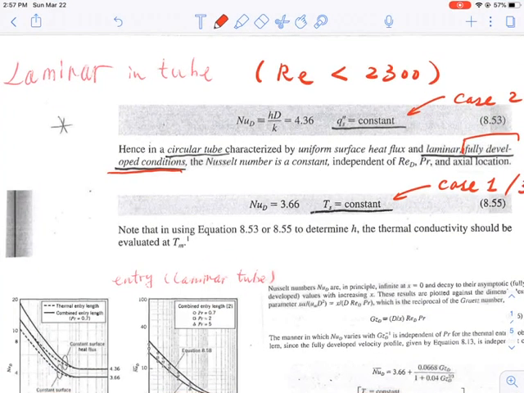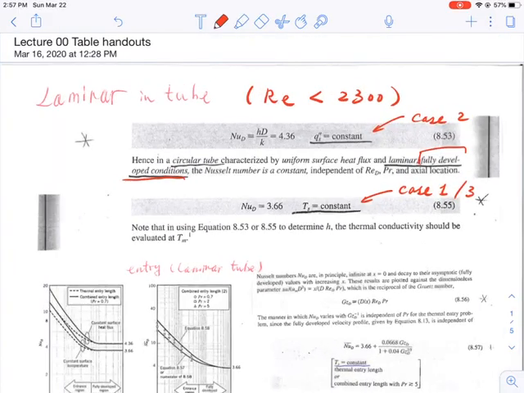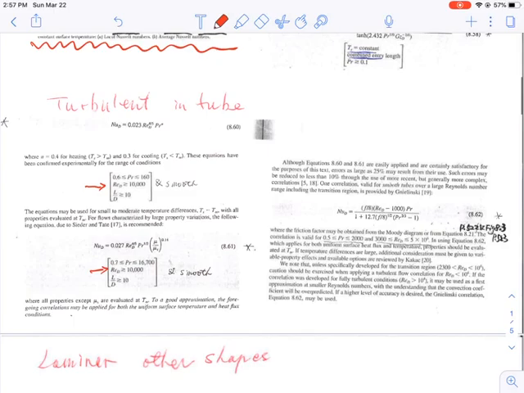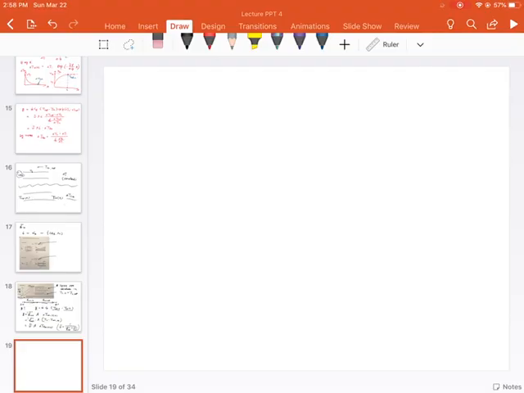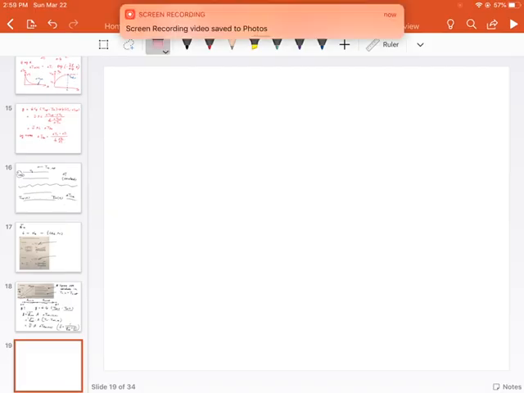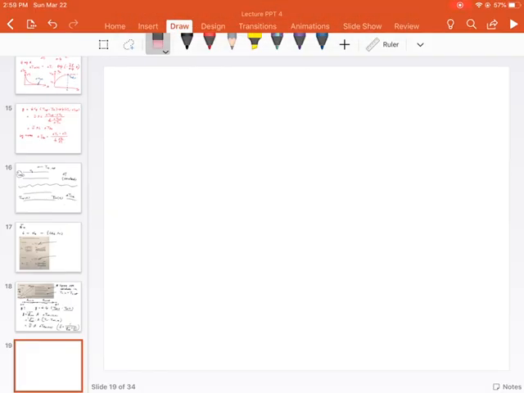This is the internal one, and the external one was given to you previously. To calculate those, we need the Reynolds number, the Nusselt number, the Prandtl number, and all these, which requires an assumption of the surface temperature, or a temperature at which we can take the properties of the fluids.